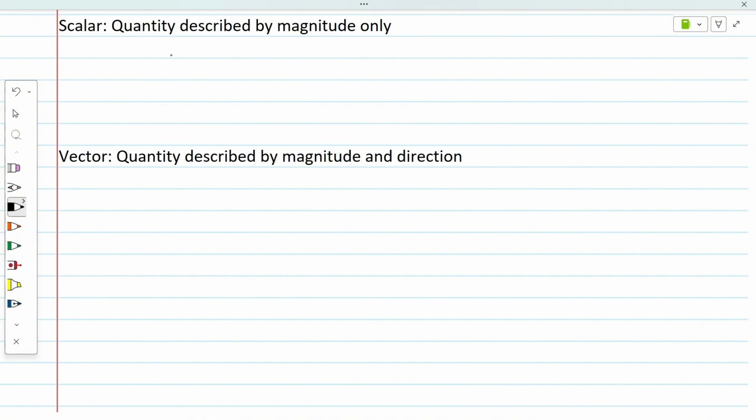So let's talk about some examples of scalars that we might see, and their vector form. An example of a scalar that you are probably very familiar with is distance, and a vector form of distance would be called displacement.